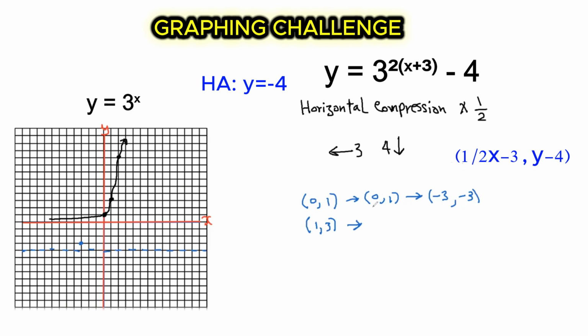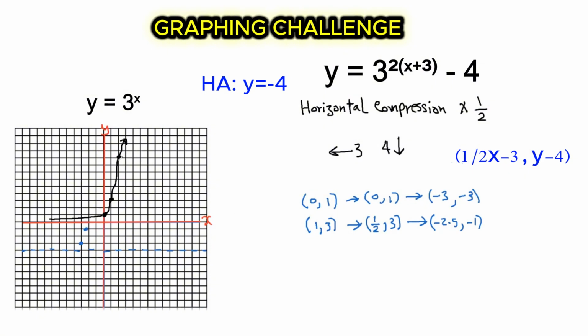So half times 1 is just going to be half, and so you'll have half and 3. Then take away 3 from the x value and take away 4 from the y value, so you'll end up with -2.5 and -1.